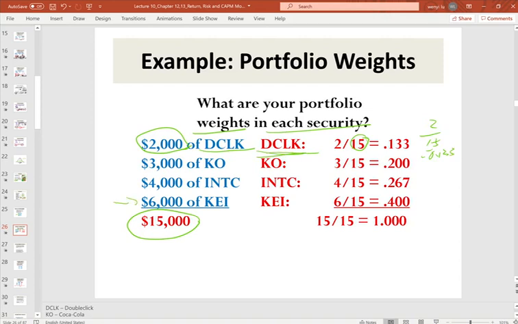Same thing for KEI. What's the weight of KEI in the portfolio? It will be 6,000 over 15,000, equal to 2 over 5, which is 0.4. So you spend 40% of your total investment in KEI.